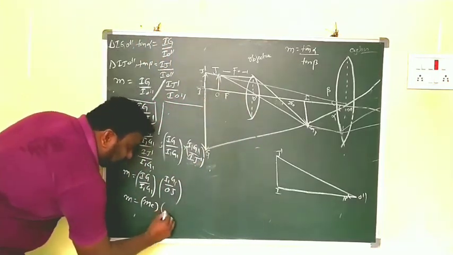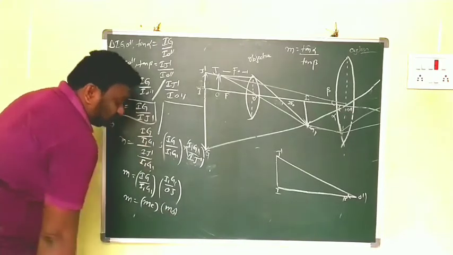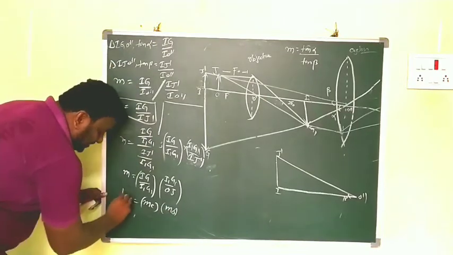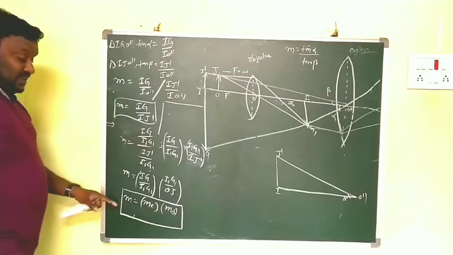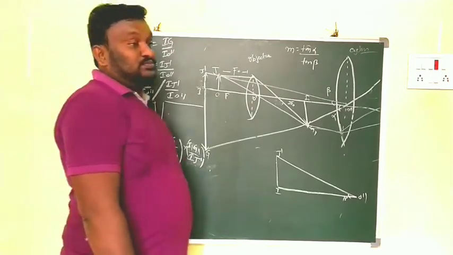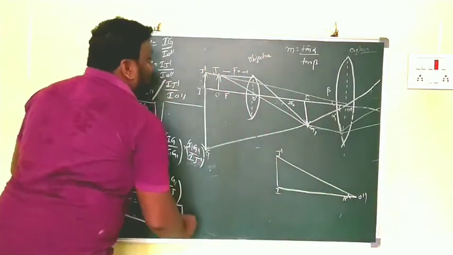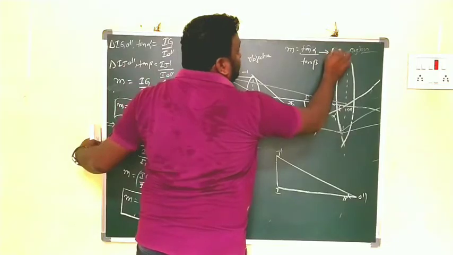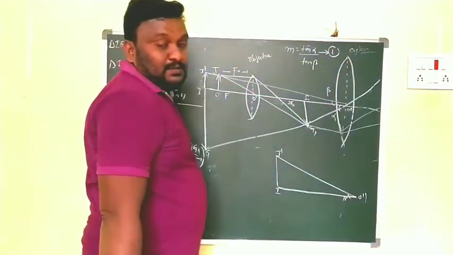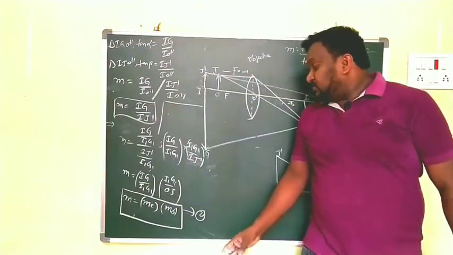That's why it is M O. Here M is equals to M E into M O. Now this is equation number 2. Take it, this is equation number 1. Clear, children?